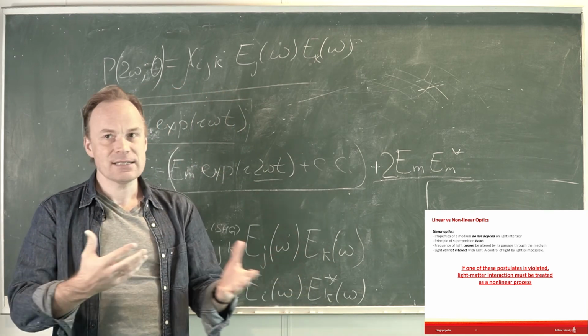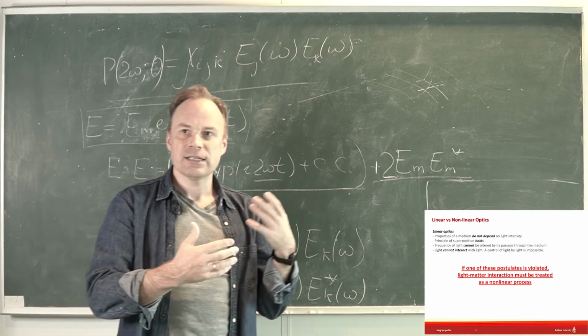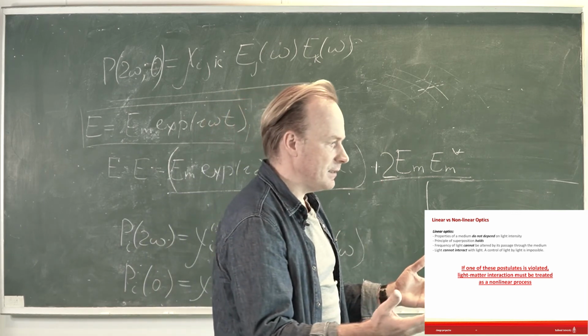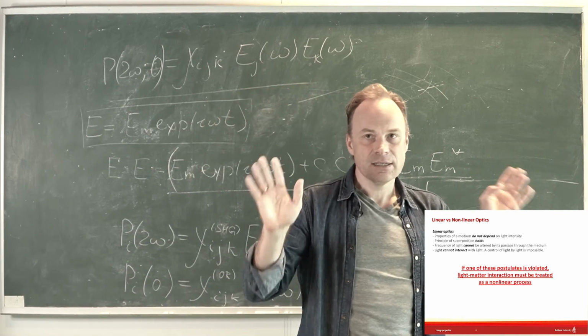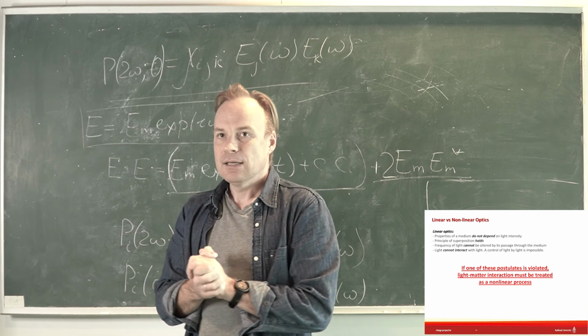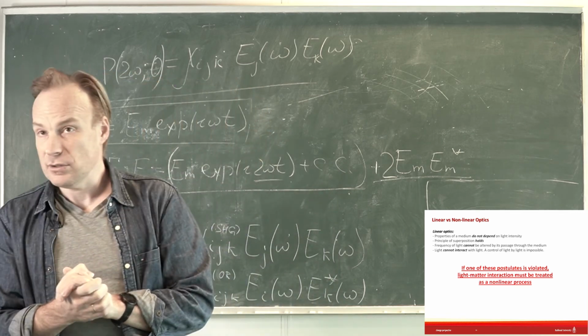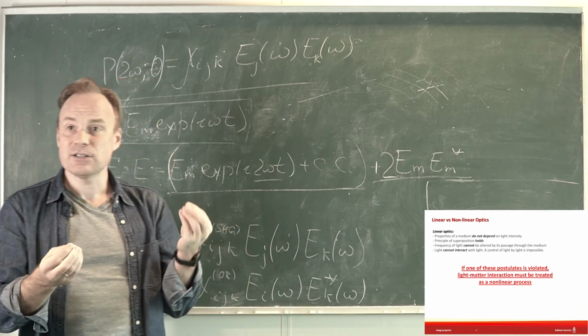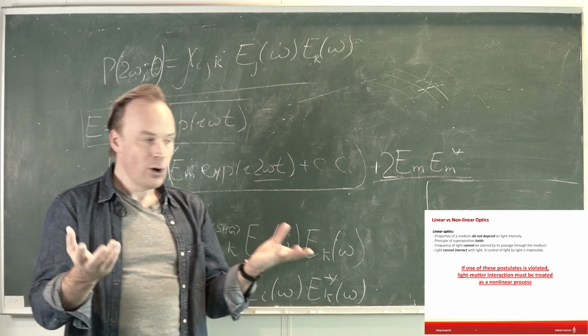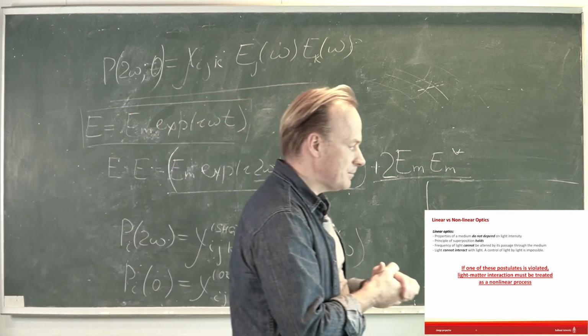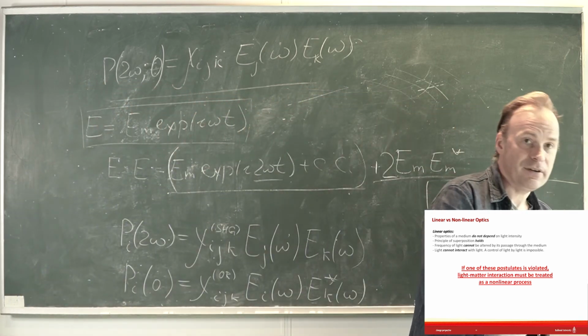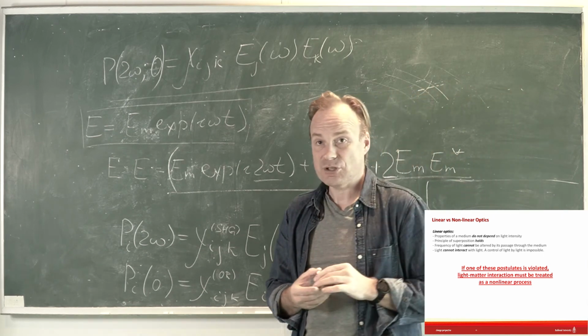So epsilon doesn't change, refraction coefficient doesn't change, chi, optical susceptibility doesn't change. It simply doesn't depend on intensity. Principle of superposition holds. So it means that if you have an interference of two waves, these two waves will always interfere in accordance with the principle of superposition.